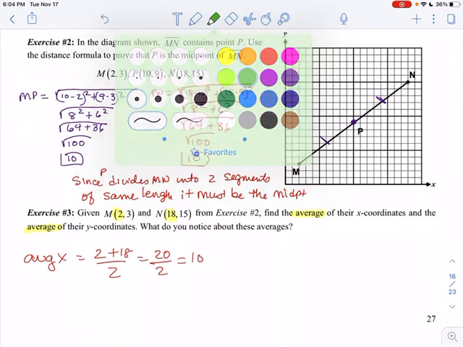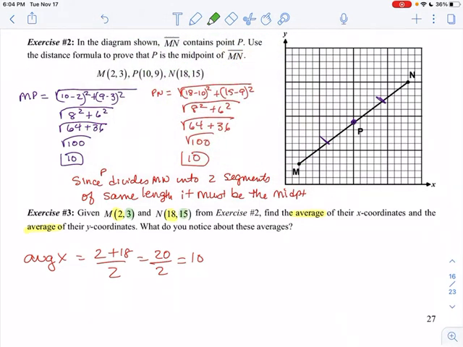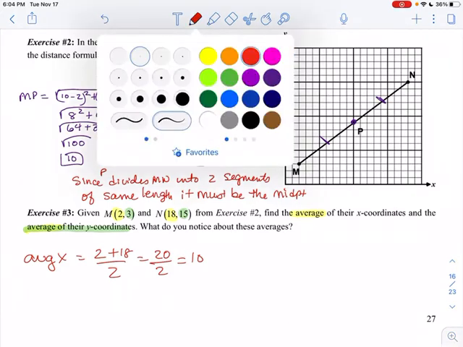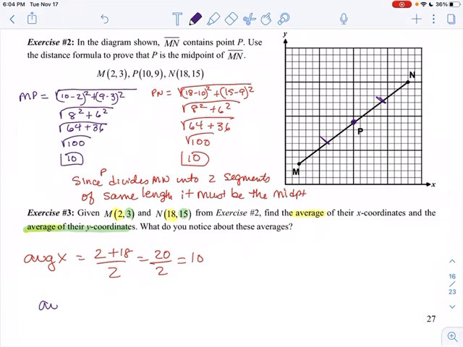And then let's find the average of their y coordinates. I'm going to add 3 plus 15 and divide it by 2. So 3 plus 15 is 18, divided by 2 is 9.